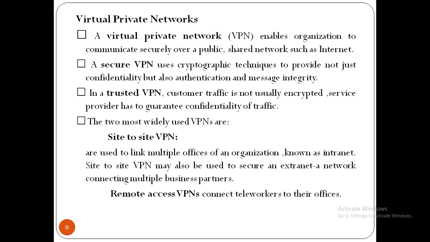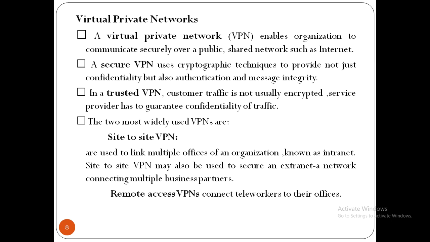The two most widely used VPNs are site-to-site VPN and remote access VPN. Site-to-site VPNs are used to link multiple offices of an organization, known as an intranet. They are widely used to connect multiple branches of a bank also.